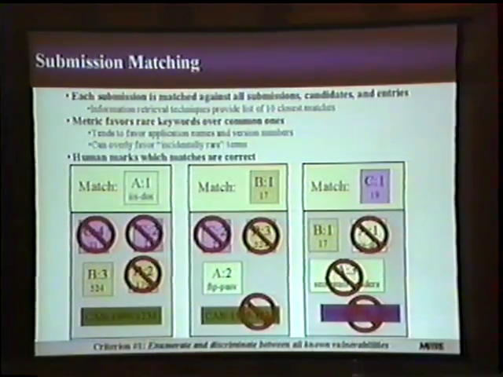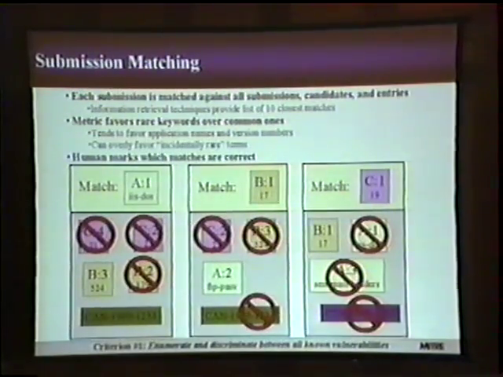We then, for each submission, the 10 closest matches based on this algorithm are generated. And then a human goes and reviews them and says, okay, looking through this list of 10, this one here looks like a match, this one here looks like a match, and so on. And we do this for each submission.